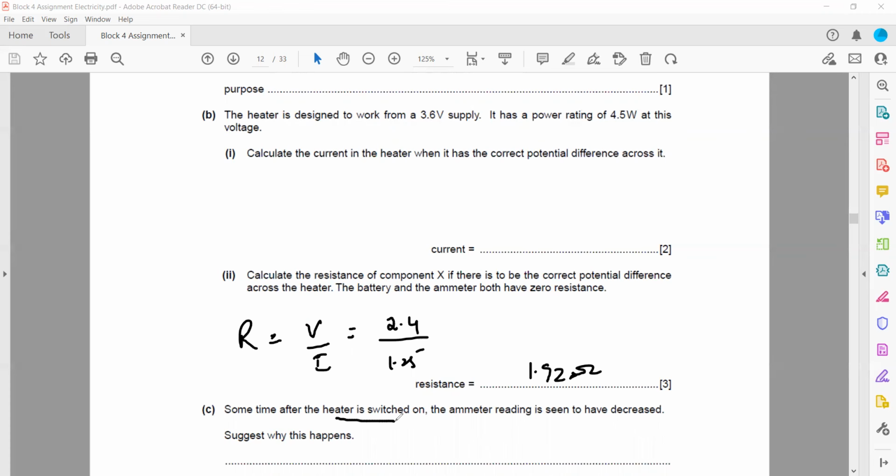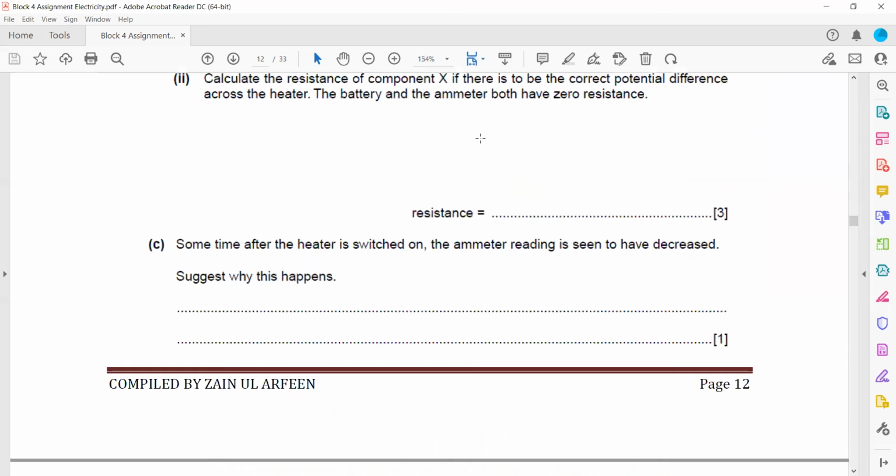Some time after the heater is switched on, the ammeter reading has decreased. What is the reason for that? As we know, the resistance and temperature are directly proportional for a fixed conductor. So after some time when the heater is switched on, what will happen? The temperature will increase.